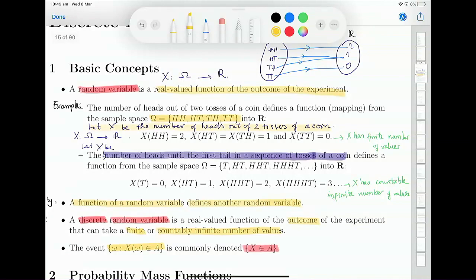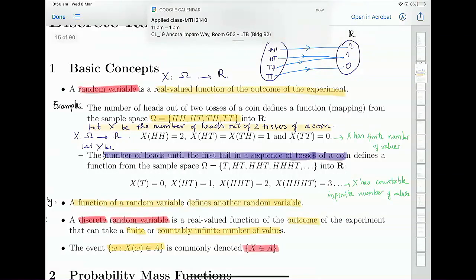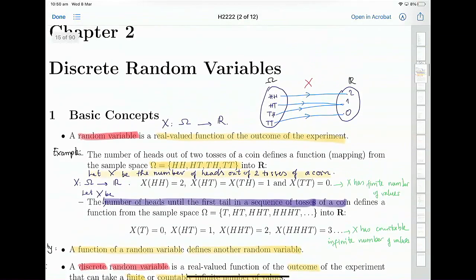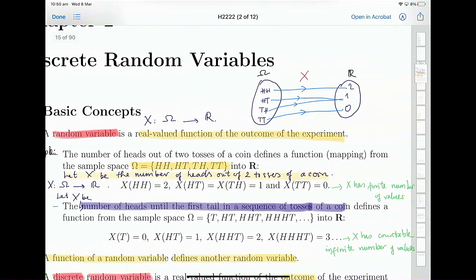So then what is the value of X? X is a function, right? X will be a function mapping from the sample space into R, right? So in the sample space we have head-head, head-tail, tail-head, and tail-tail. You have 4 cases, right? And then X is a mapping from the sample space into R.